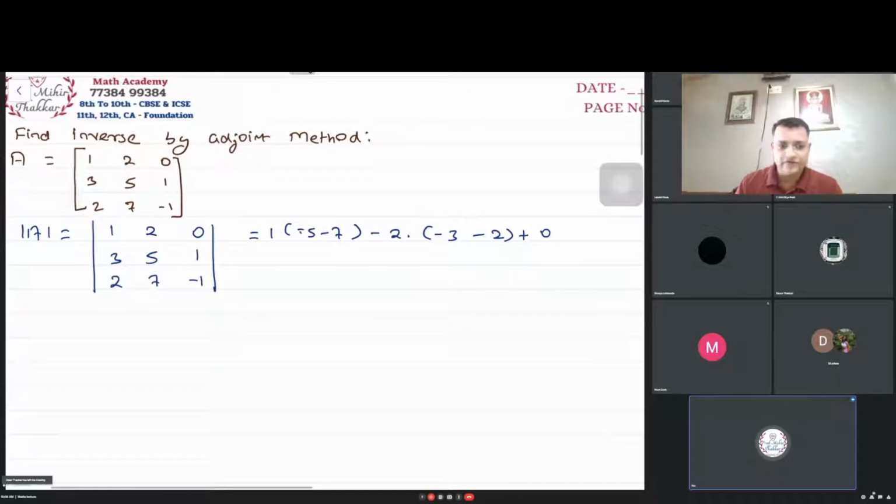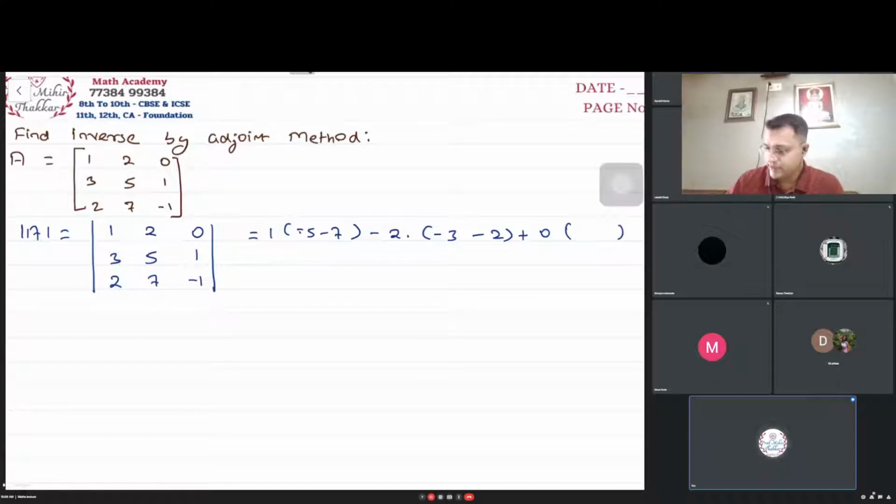But in case you want to know how to do it, the method is like this. 0 will get multiplied by 7 into 3, that is 21, minus 5 into 2, that is 10. But ultimately it will be 0 only in this particular case.